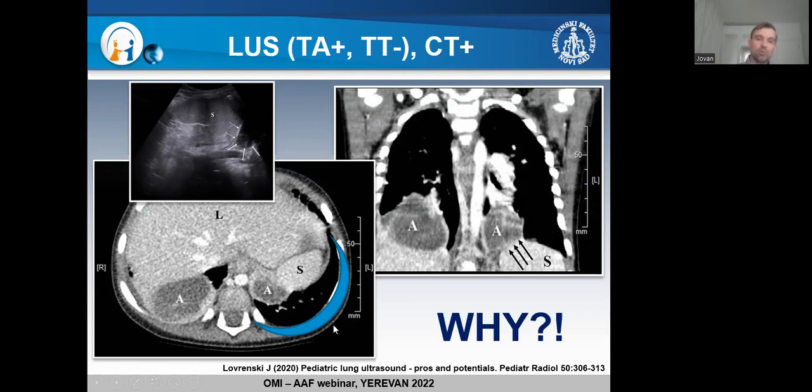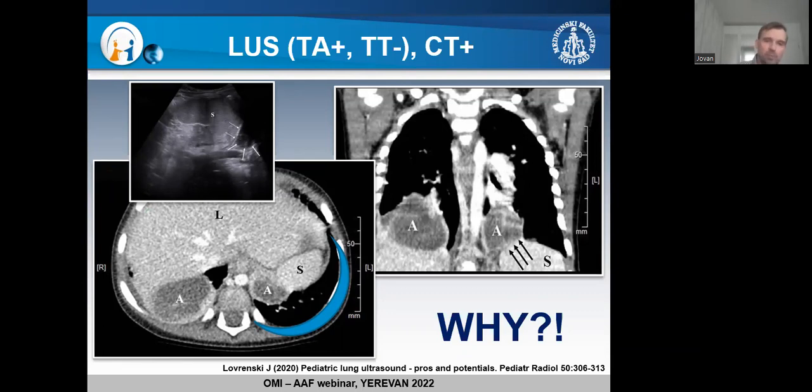So this is your probe. Between your probe and this abscess, there is a normal lung tissue, normal lung parenchyma. Whenever you have at least a small area of normal lung parenchyma between your probe and any pathological entity, you will not be able to see it.